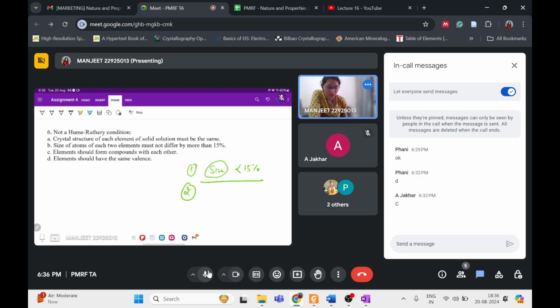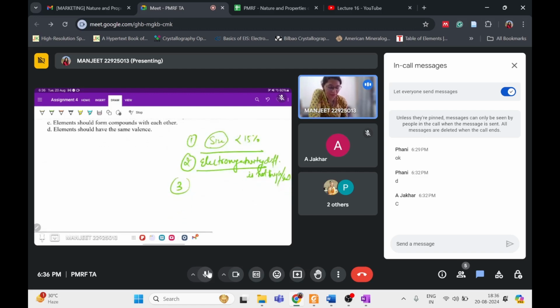Second, the difference in electronegativity of both atoms should be small. Third, the valency of the two atoms should be similar.